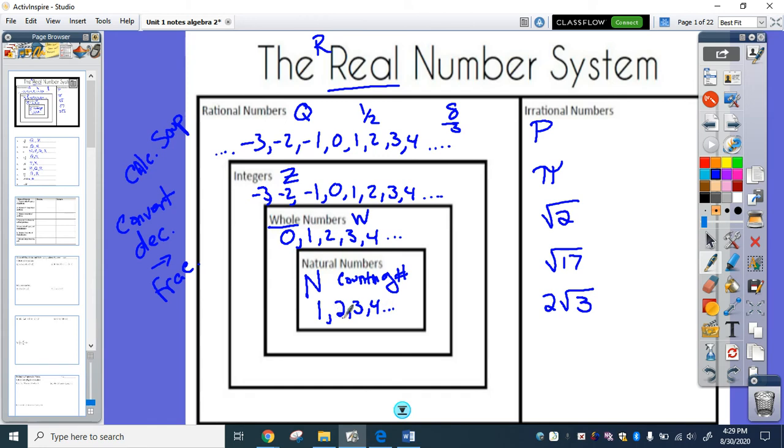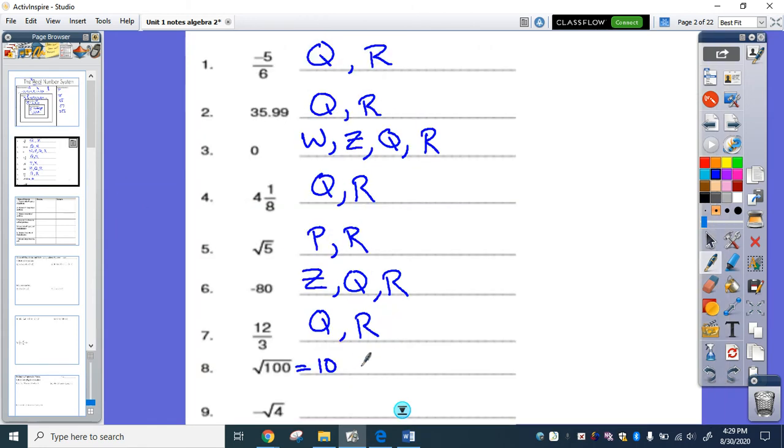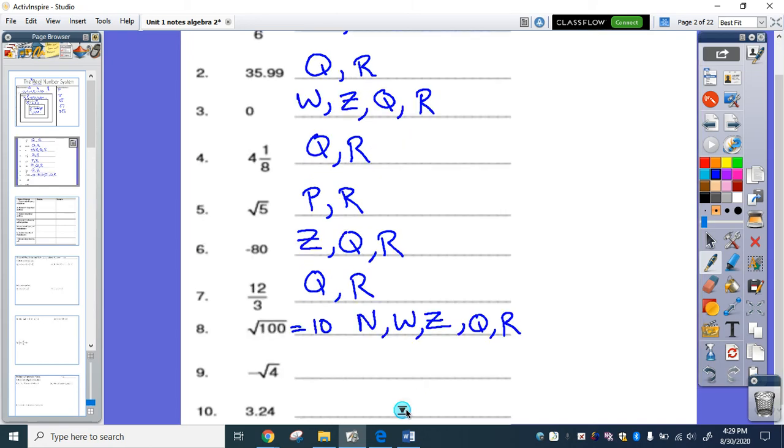If I was counting 1, 2, 3, 4, 5, 6, 7, 8, 9, 10, so it's a natural number, which means it's also a whole number, which means it's also an integer, which means it's also a rational number, which means it's also a real number. So if it's one of our counting numbers and it's a positive counting number, that means it's going to fall under all of these categories.